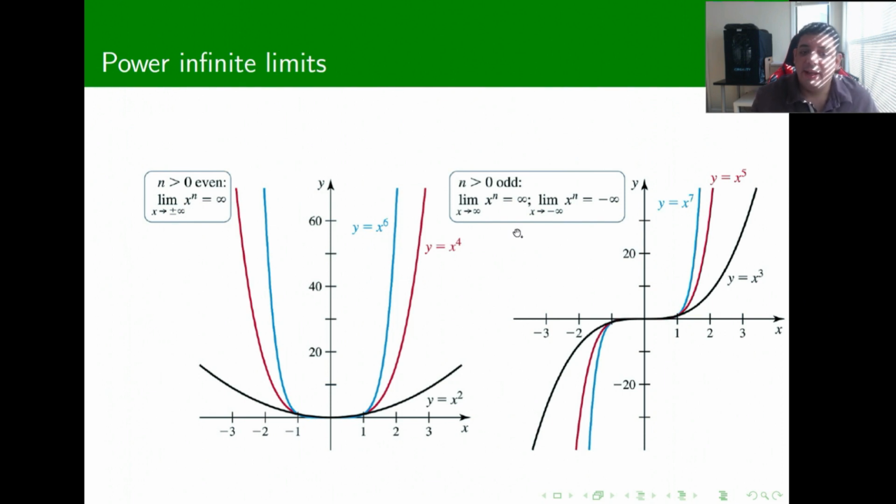Okay? If n is an odd power, then it differs. If n is odd, then if it goes to infinity, it is infinity. If it goes to minus infinity, it is minus infinity. Okay? And examples of odd powers are x to the 3, x to the 5, x to the 7.